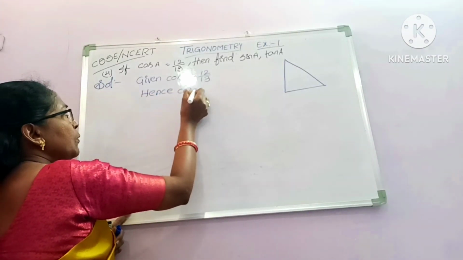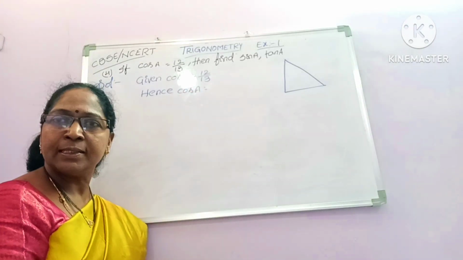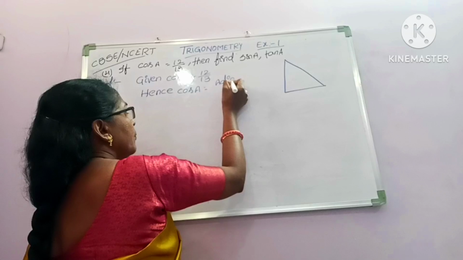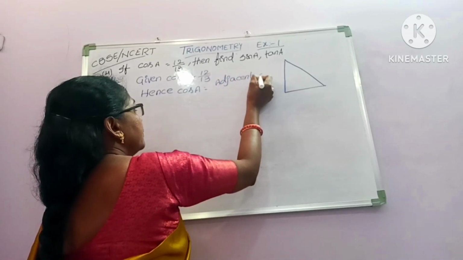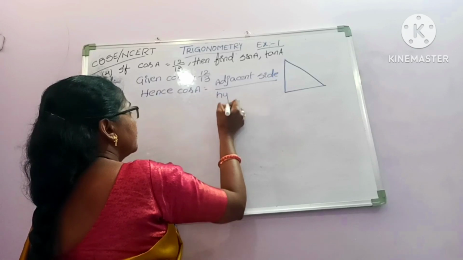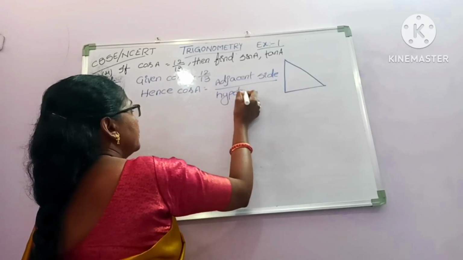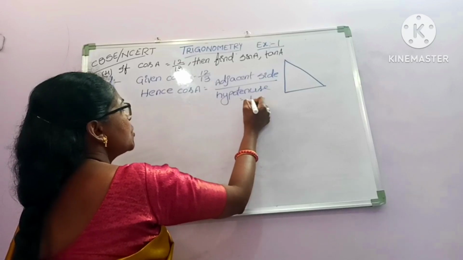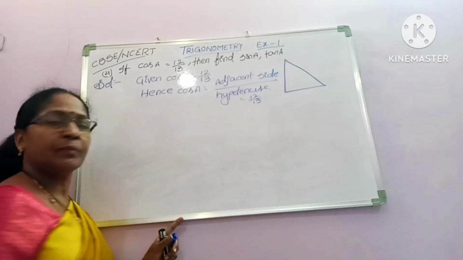Hence cos A equal to, what is the formula in terms of sides? Cos A equal to adjacent side by hypotenuse. That value equal how much? 12 by 13.